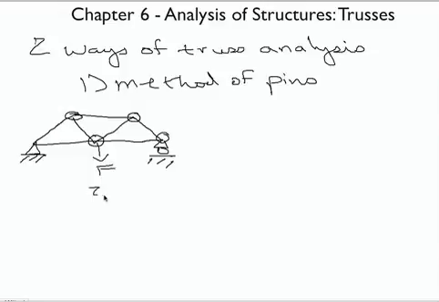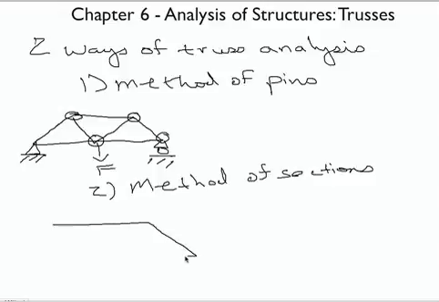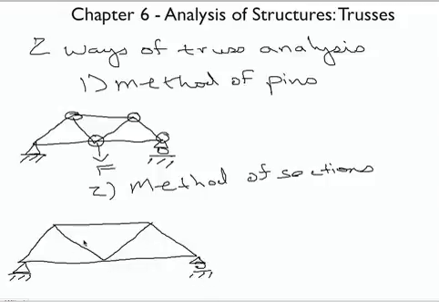The second option is called the method of sections. All right. And in this method, this is really good for getting at forces in interior pieces without having to step through solving the entire thing. So let's say we're only interested in the force in this member right here, right?